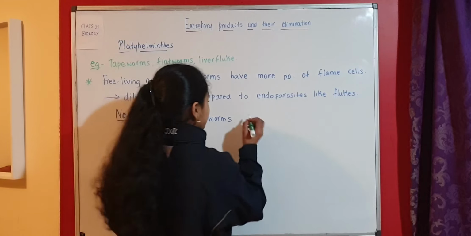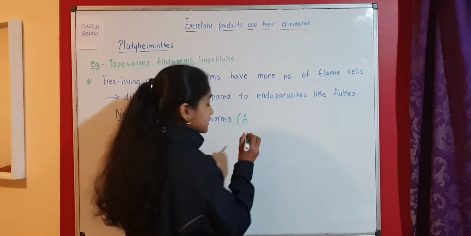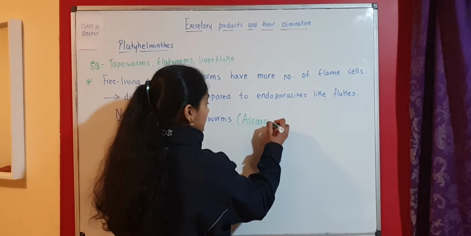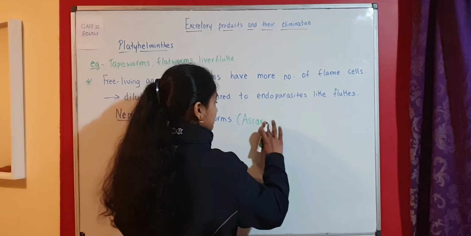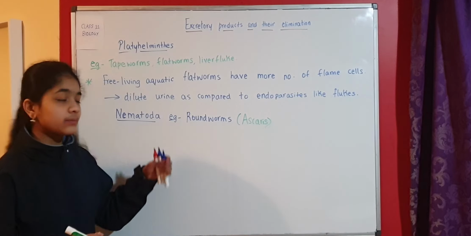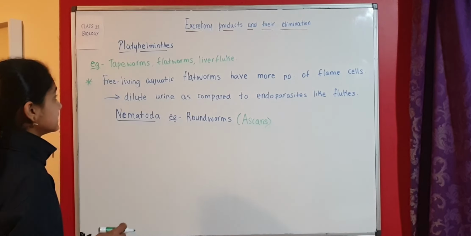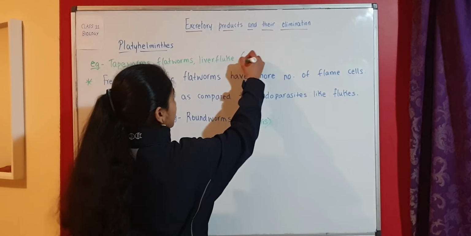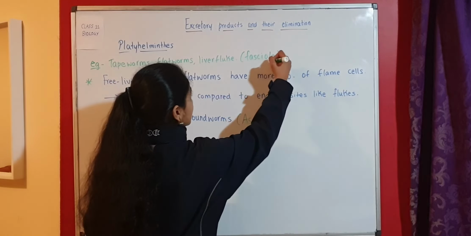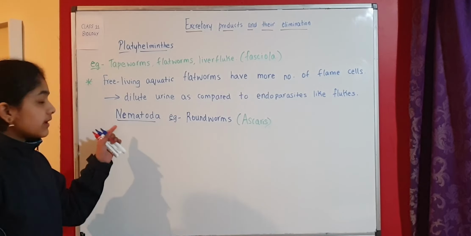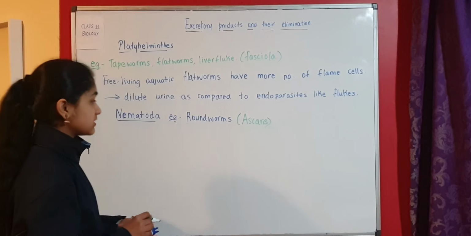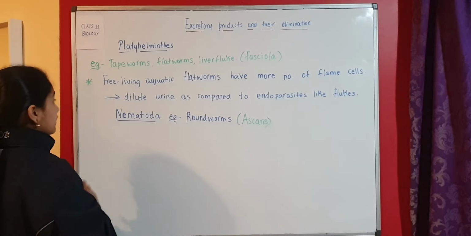Example, the species name, I'm sure you must have heard this name, that is Ascaris. This is just one example of roundworm, that is Ascaris. So we are now talking about Nematoda. Here examples are roundworms and one species name is Ascaris.